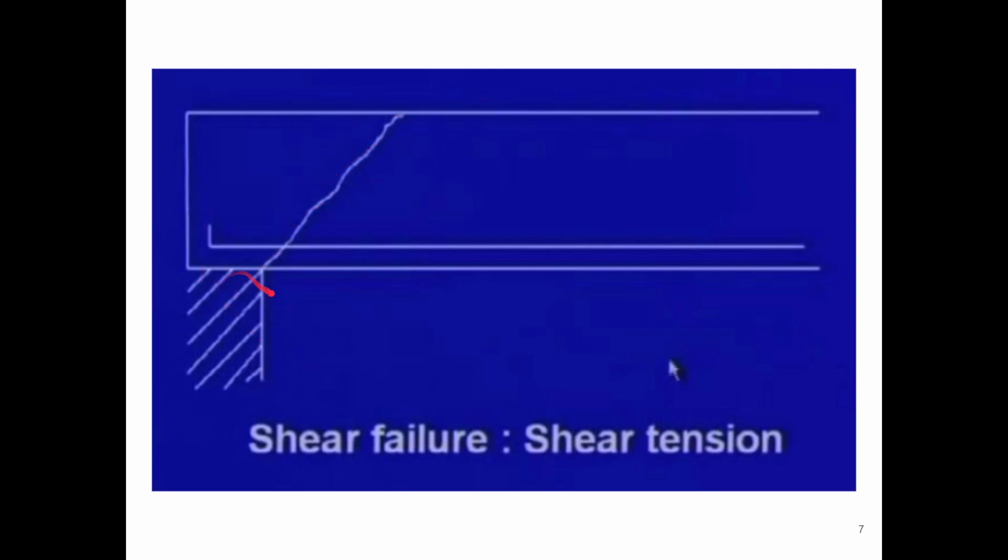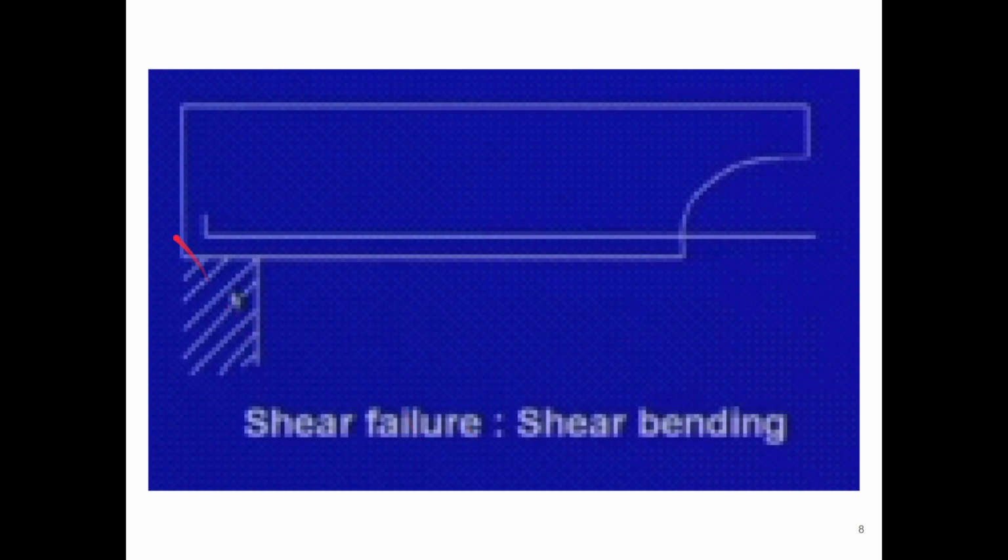Similarly, here there is shear failure, this is shear tension. When the shear failure is occurring near the supports, it is always shear tension, and this angle is generally about 45 degrees. Similarly, if it is occurring in the middle of a simply supported beam, or any type of beam, then flexural type of shear, bending shear, is occurring.